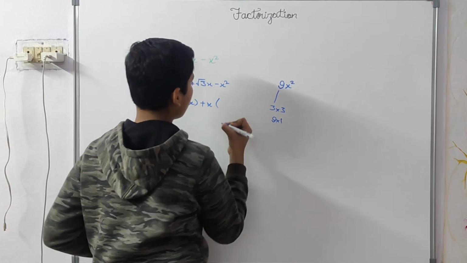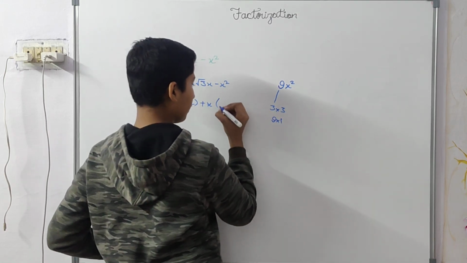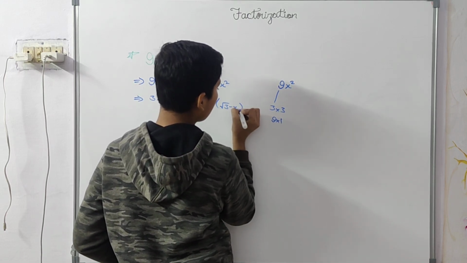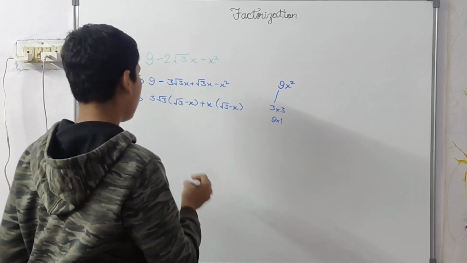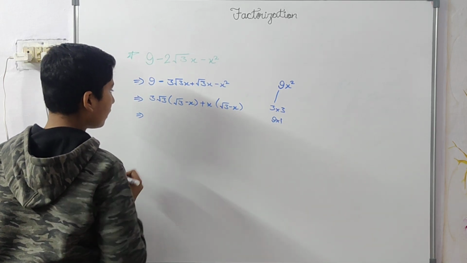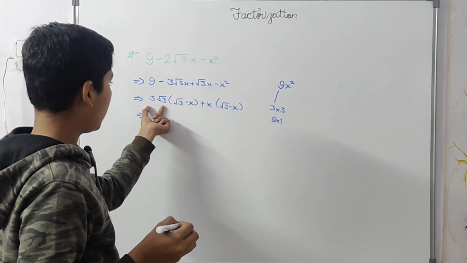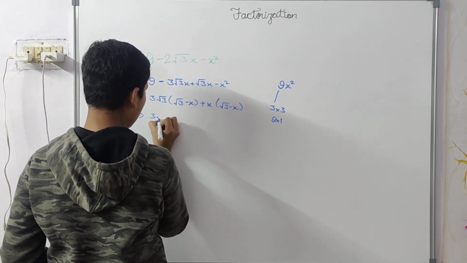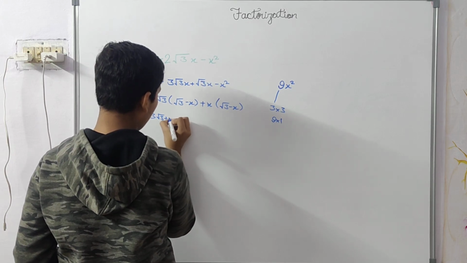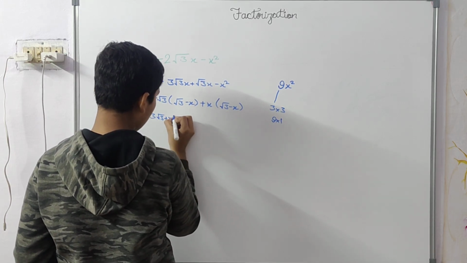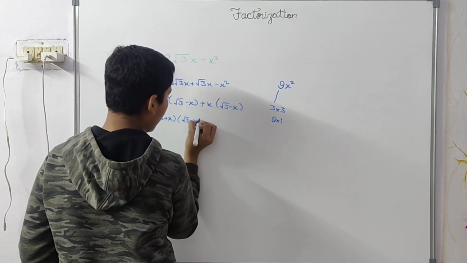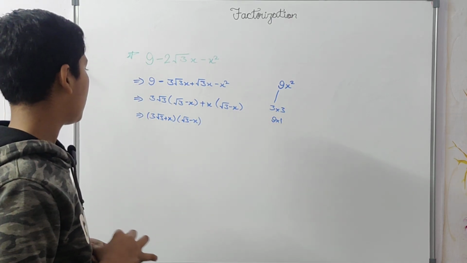So what? Root 3 minus x, root 3 minus x. So if you further solve it, it will be 3 root 3 plus x, root 3 minus x. So this is our answer.